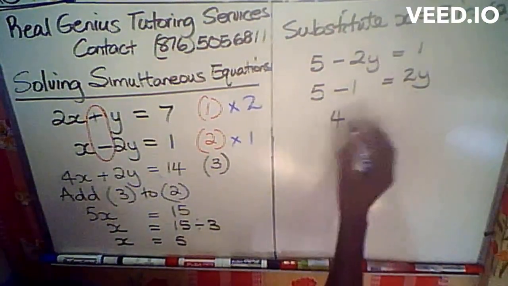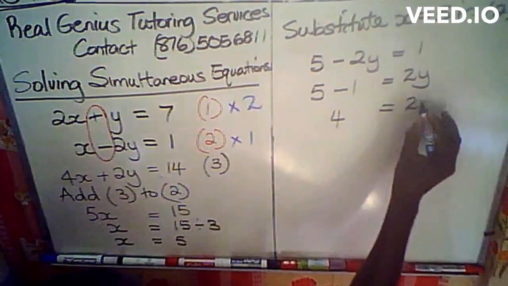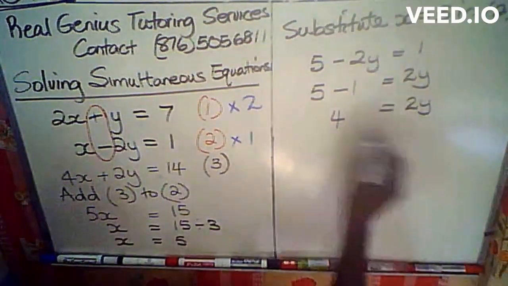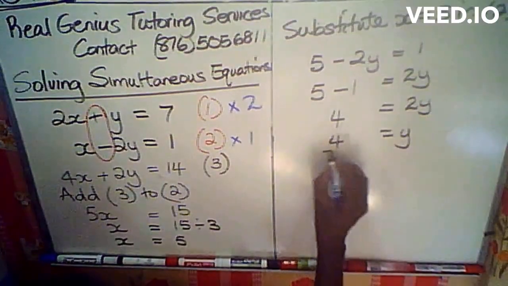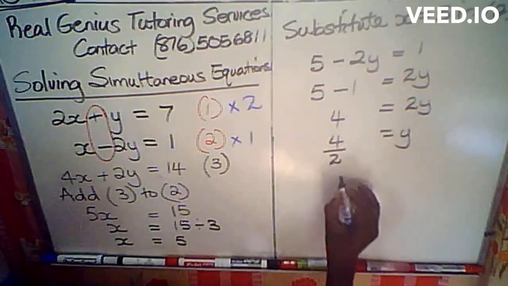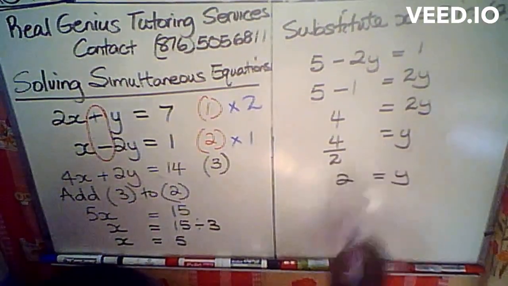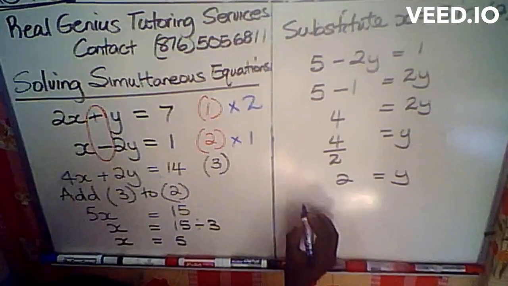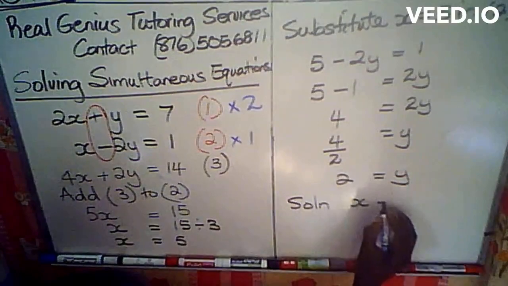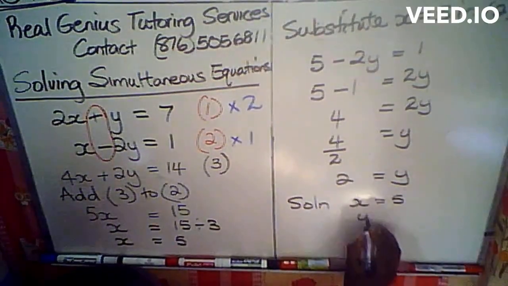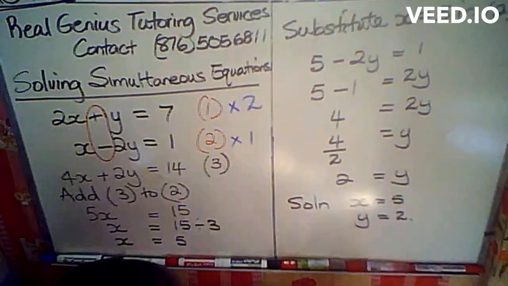So I get 4 is equal to 2y. And so therefore, y now is equal to 4 divided by 2, so 2. So y equals 2. So your solution is x equals 5, y equals 2.